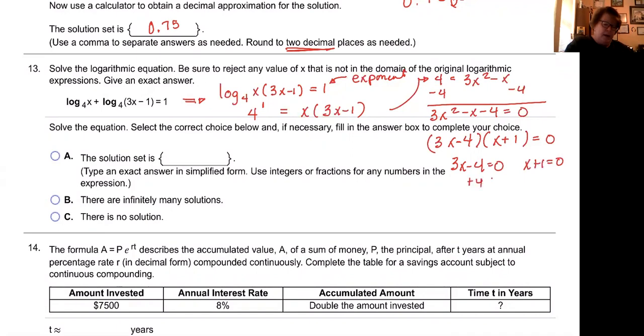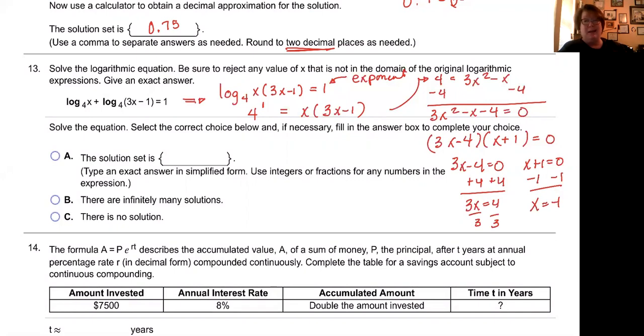Add 4 and divide by 3. So I get 4/3 or -1.